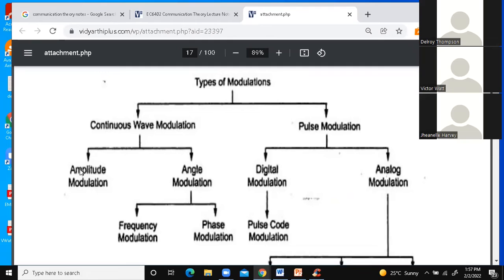The three ways are really amplitude, angle, and pulse. Right? We have some names for each of those.